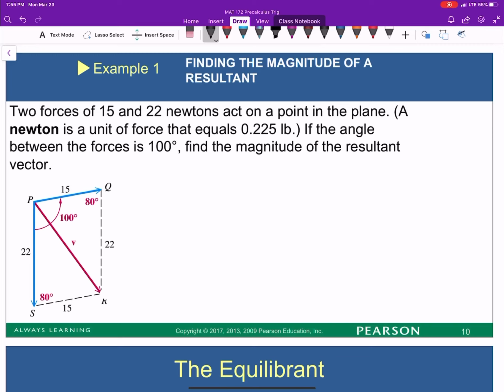The first thing they tell us is that you have two forces that act upon a point, so they share point P. So let's look at this.